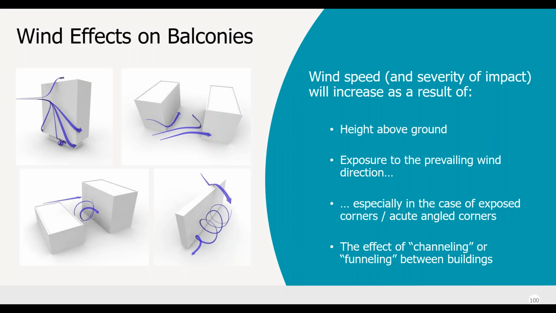So, by way of introduction to the topic, here are a few of the main factors that we need to be concerned about in design. These are the things that would cause the wind speed to increase as it blows around our buildings and consequently increase the severity of any impacts from that wind. Notably, height above the ground. Wind is often a significant issue for very tall buildings, but by no means limited to that.